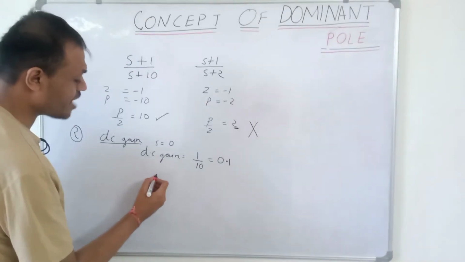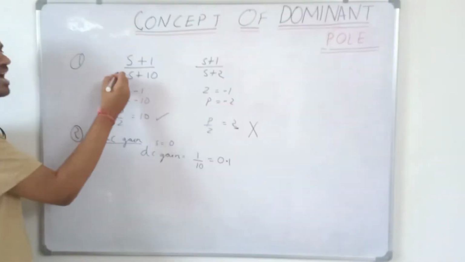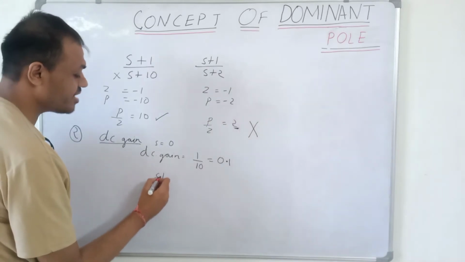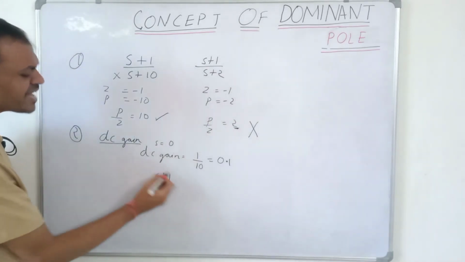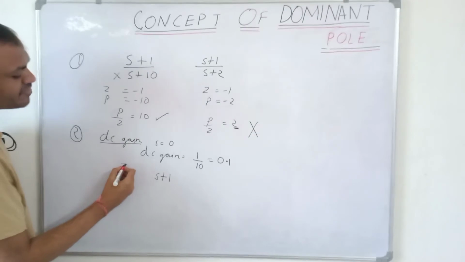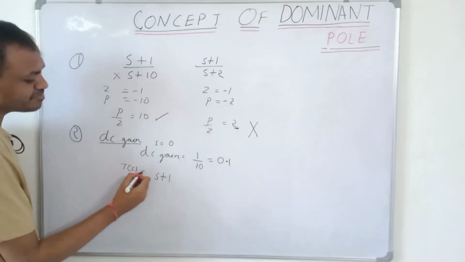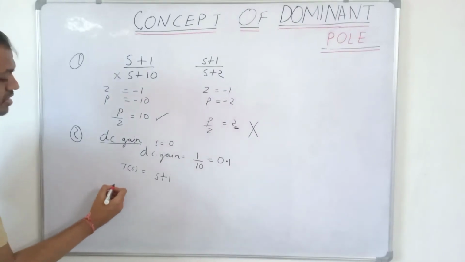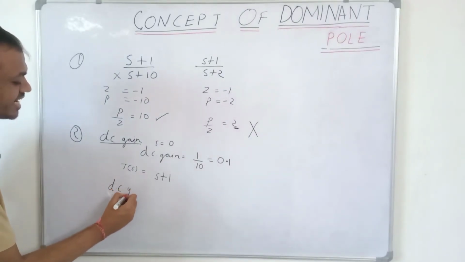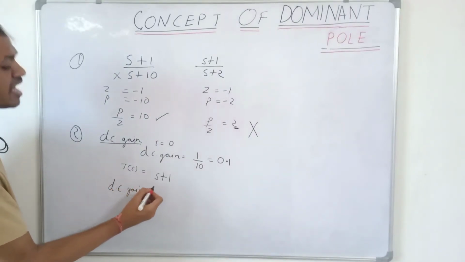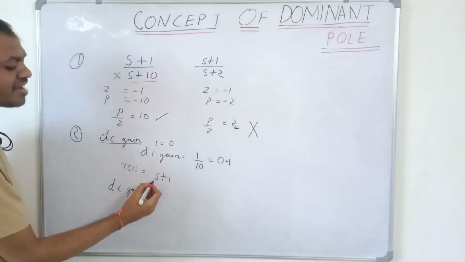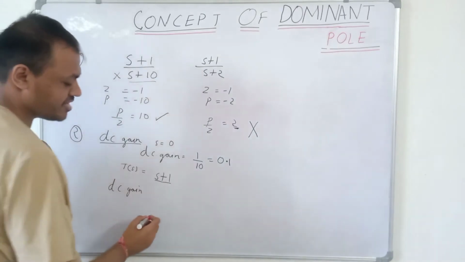Now if I apply the dominant pole concept and remove this pole (s plus 10), then the transfer function which remains is s plus 1. Now we apply the DC gain concept again. After removing this pole s plus 10, we are left with s plus 1, the 0.